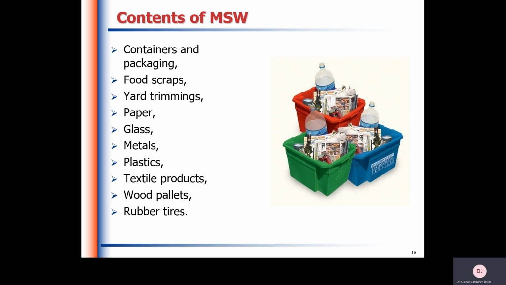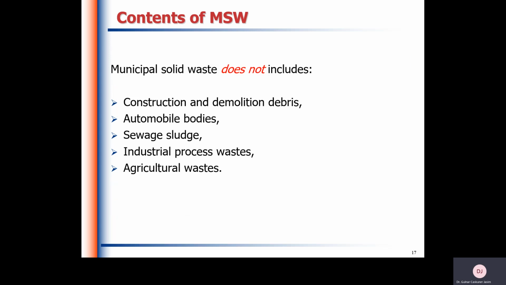So the composition really varies; lots of different items can be part of municipal solid waste. However, municipal solid waste doesn't include the following: construction and demolition debris, automobile bodies, sewage sludge, industrial process wastes, and agricultural wastes.